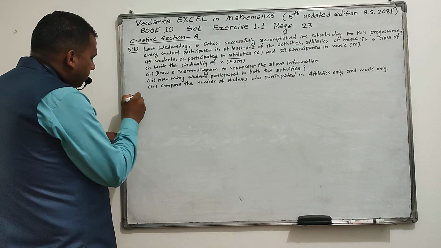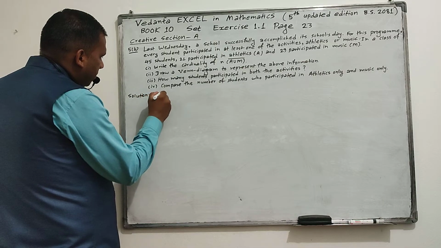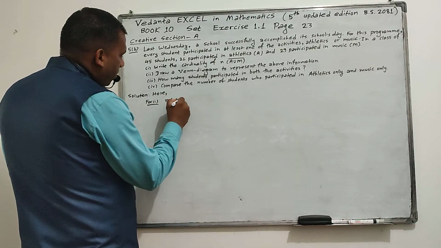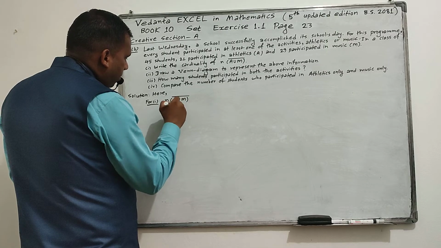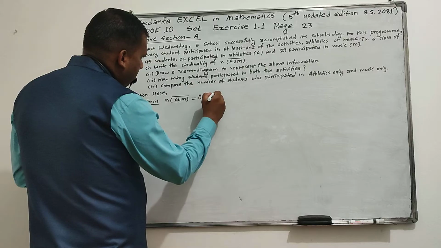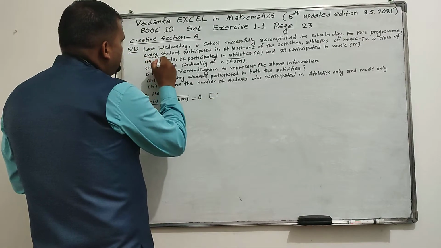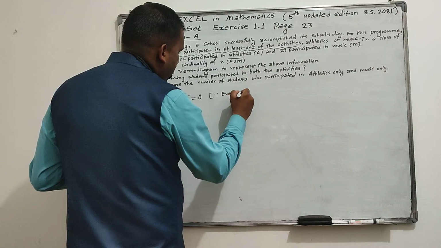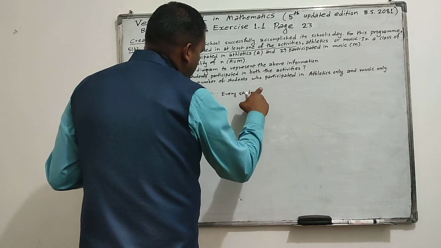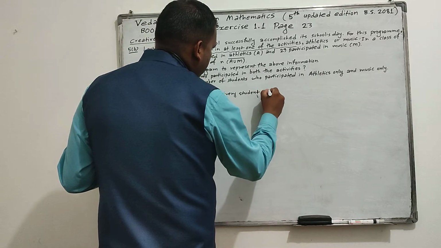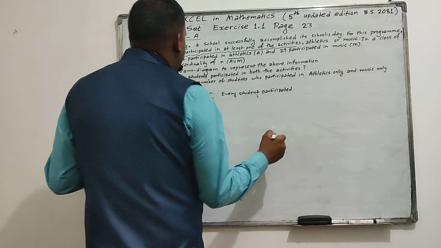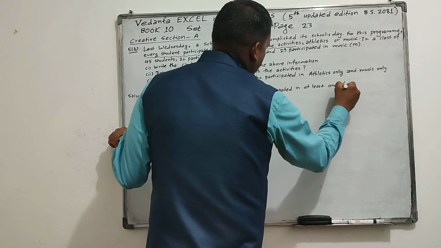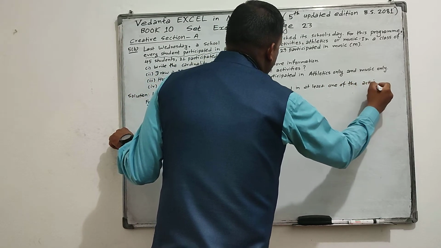Here for 1, number of A union M whole complement is equal to 0 because every student participated in at least one of the activities.